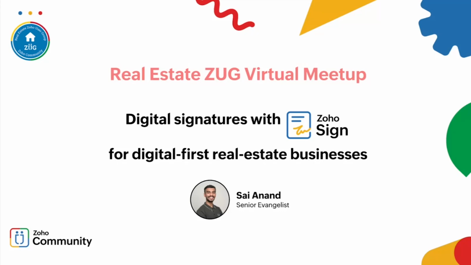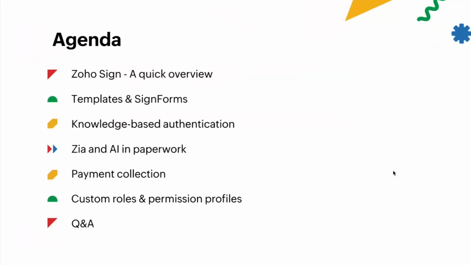So the focus of this session, let me just quickly get over to the agenda, is going to start off with giving you an overview of what Zoho Sign is capable of, what it can do, and why we had it in the first place. Why did we come up with this app in the first place? And I'm going to be jumping into the app directly and showing you some of the features that can be very useful, especially in real estate scenarios. You have templates and sign forms which help speed things up.